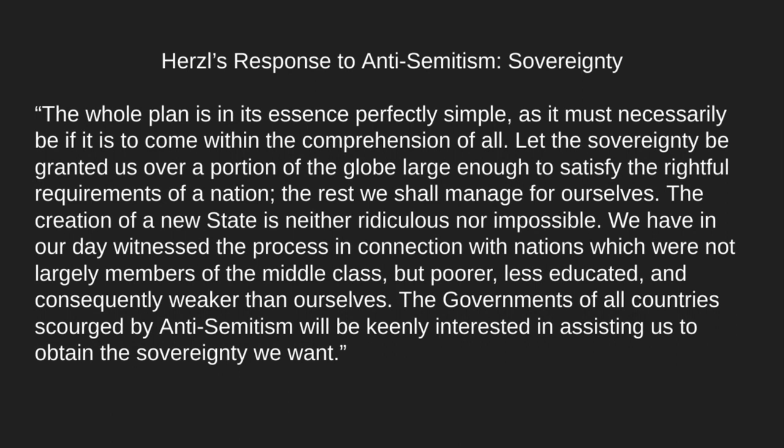We have in our day witnessed the process in connection with nations which were not largely members of the middle class, but poor, less educated, and consequently weaker than ourselves. The governments of all countries scourged by anti-Semitism will be keenly interested in assisting us to obtain the sovereignty we want.